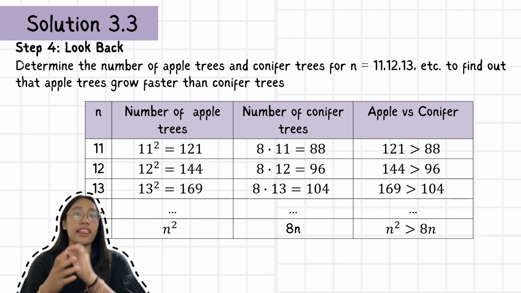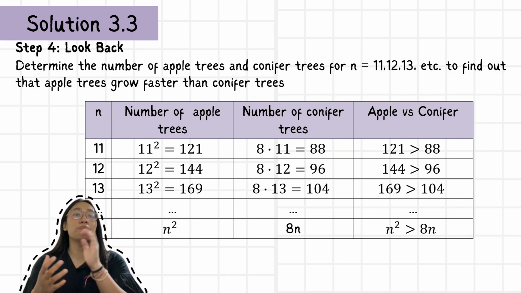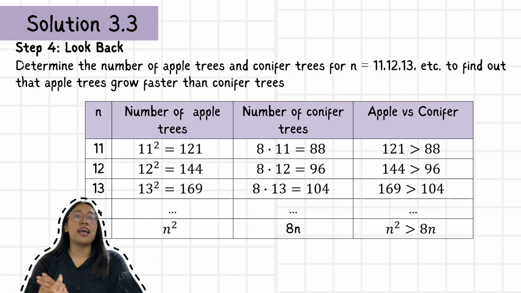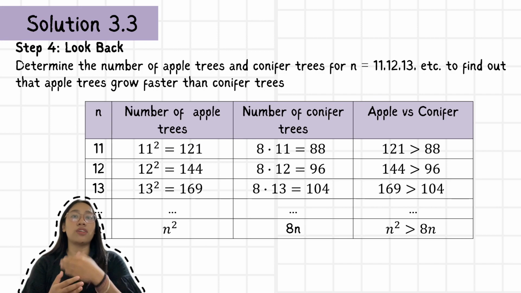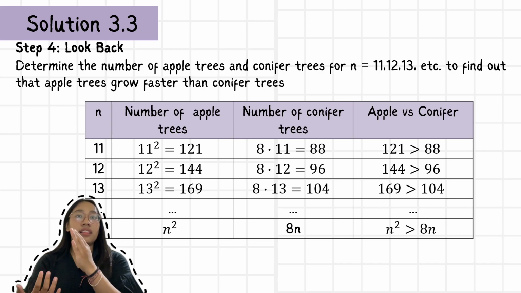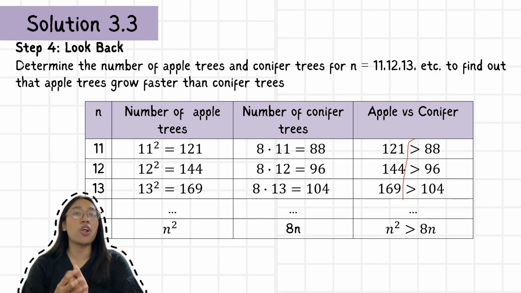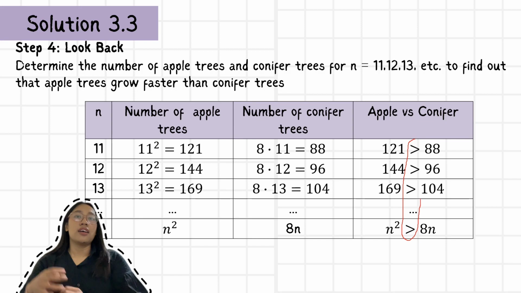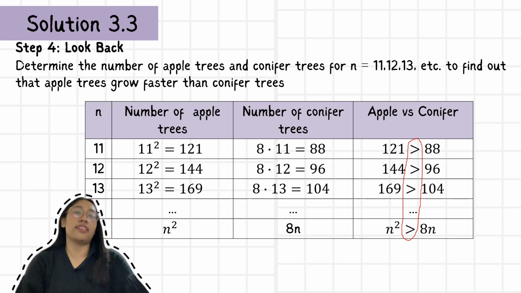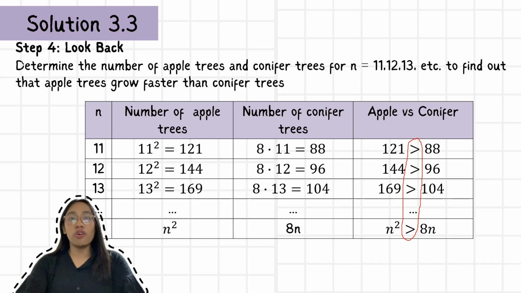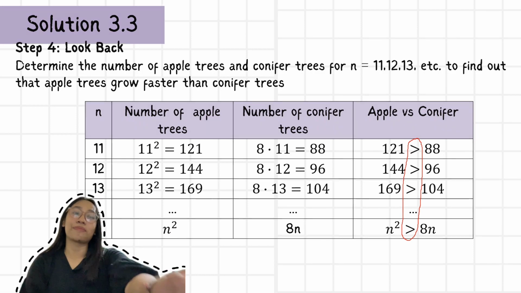From that we get the number of apple trees is more than the number of conifer trees. Same like n is equal to 12 and 13, the number of apple trees is greater than the number of conifer trees. So from that we can get the conclusion that apple trees grow faster than the conifer trees.